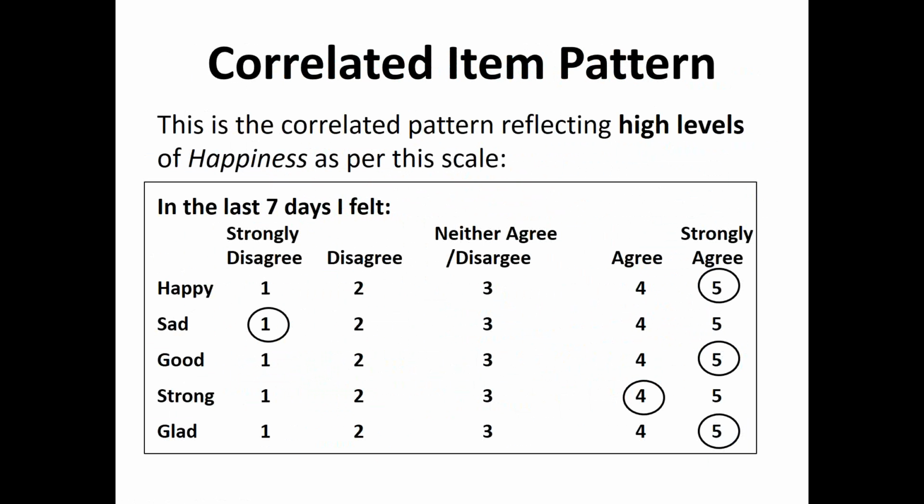Chances are sad is going to get a 1. The other positive items below that, good, strong, and glad, are probably going to be clustered towards the happy response, and the sad on the other side, and vice versa. If someone gave a 5 for sad, all the other items would probably be 1s and 2s, because it wouldn't seem like we're measuring happiness if somebody gave a 5 for happy and a 5 for sad.